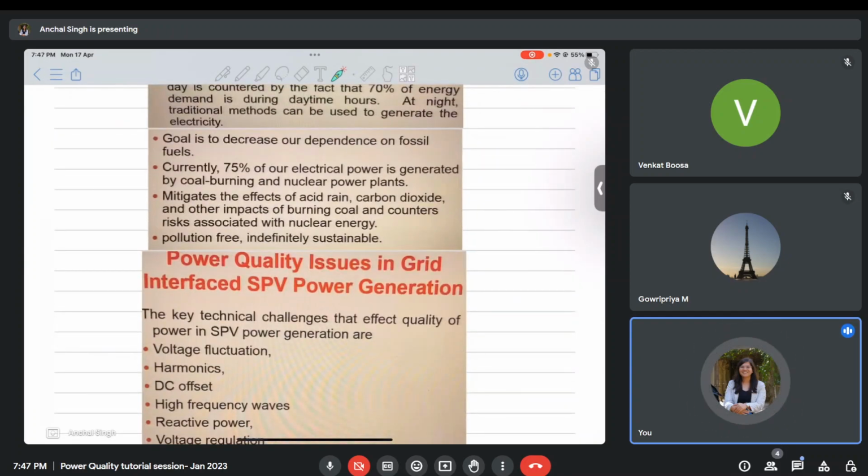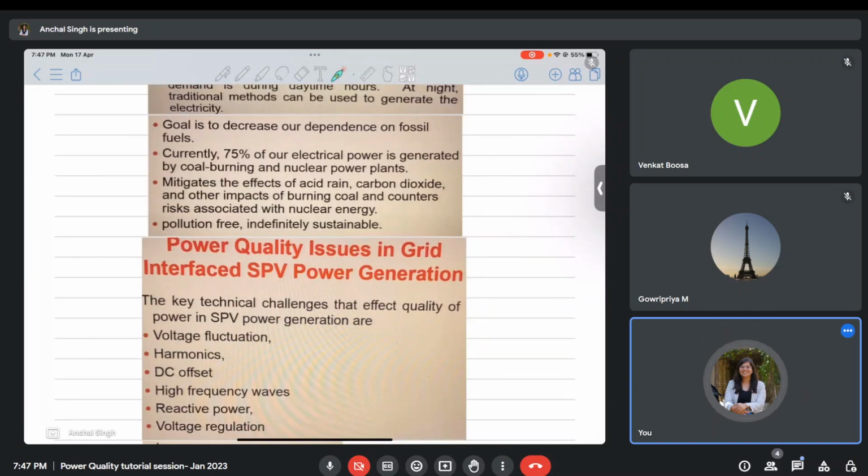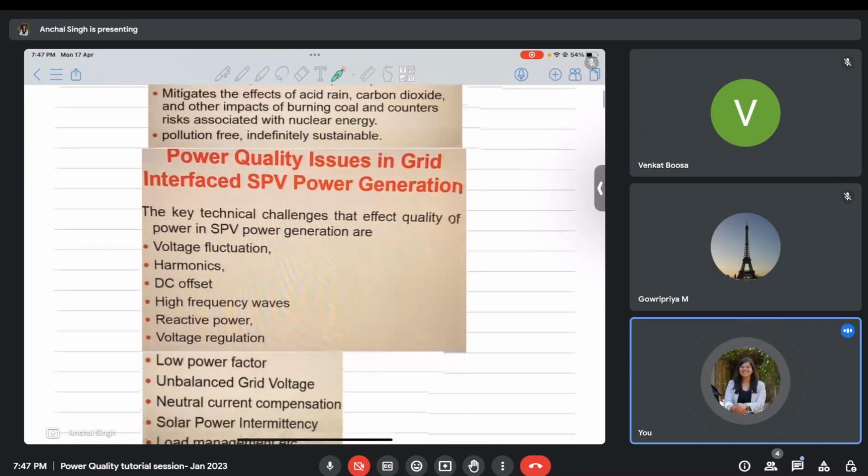Currently 75% of our electrical power is generated by burning coal, which is a very bad form of energy, and nuclear power plants, which are very dangerous. So we need to replace this major chunk of non-renewable energy with renewable ones. Therefore, there is a huge push for increasing solar power consumption.